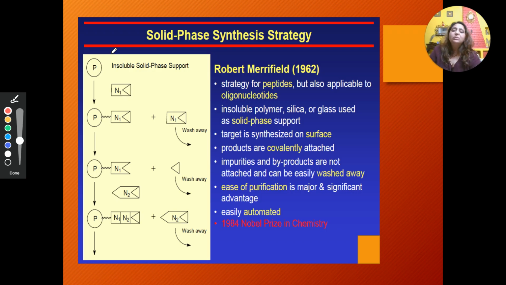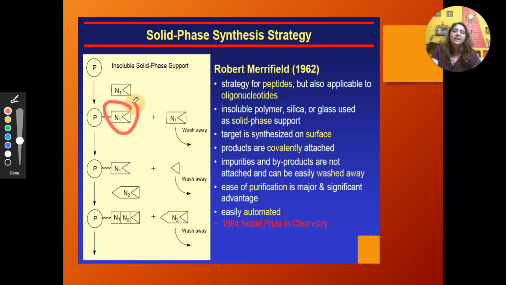The products are covalently bound. You can see that here. If I give you a representation, P stands for polymer. So any type of polymer is there, and on its surface the synthesis is taking place. Covalently the products are attached.